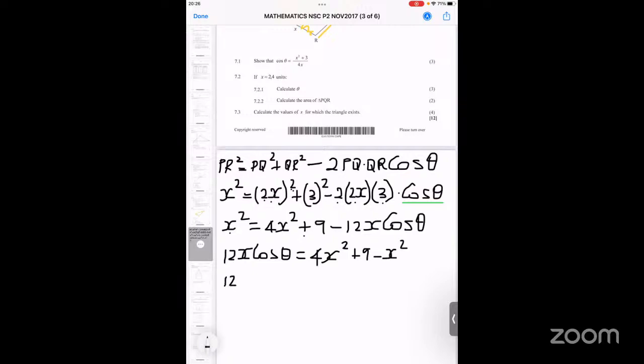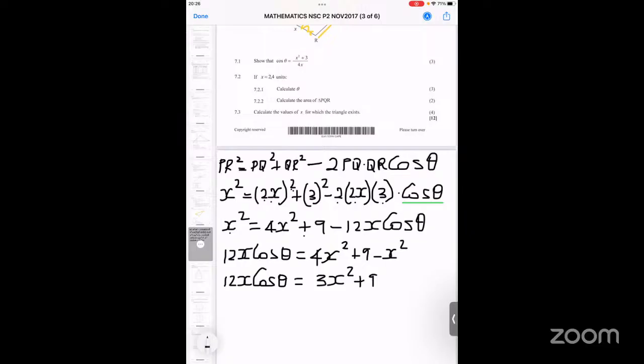So that means we still have 12x cos of an angle. I believe you guys will agree that this is what remains.